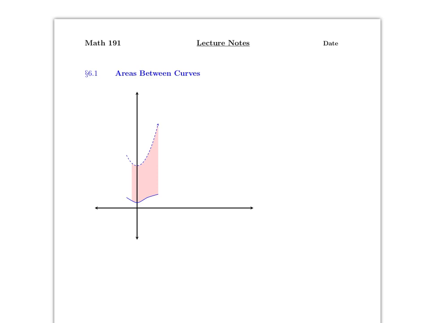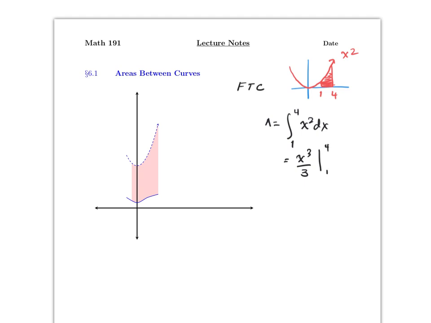Remember, in Calculus 1, you have the fundamental theorem of calculus, which tells you that if you want to find, for example, the area of a function, let's say x squared from 1 to 4, the area is the integral from 1 to 4, or the antiderivative of x squared dx, which will be x cubed over 3. This is the antiderivative, and then you plug in the limits of integration.